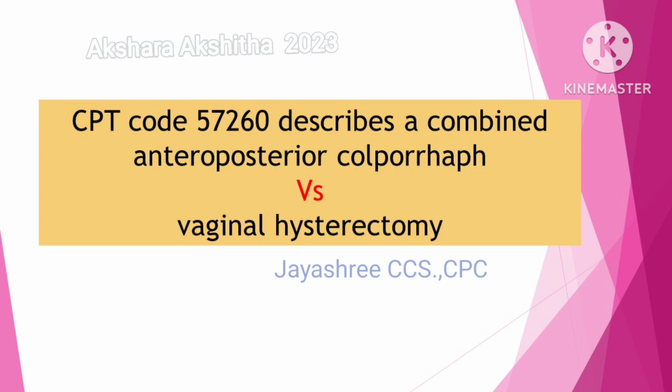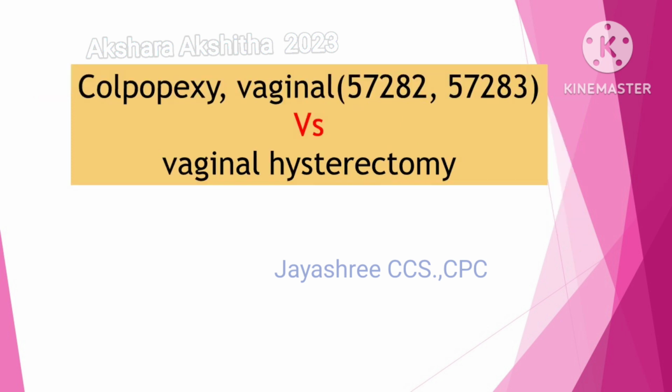Okay. Then next point: vaginal hysterectomy normally includes fixation of the vagina to surrounding tissues, so it is a misuse of CPT code 57282, colpopexy vaginal extraperitoneal approach, and 57283 for intraperitoneal approach, to report the fixation that routinely occurs during the vaginal hysterectomy.